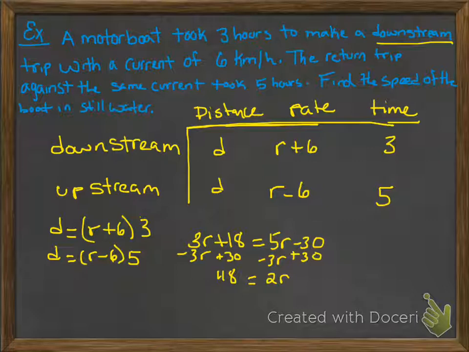Divide by 2, and 24 is equal to my r. So that is that my rate in still water is 24 kilometers per hour.